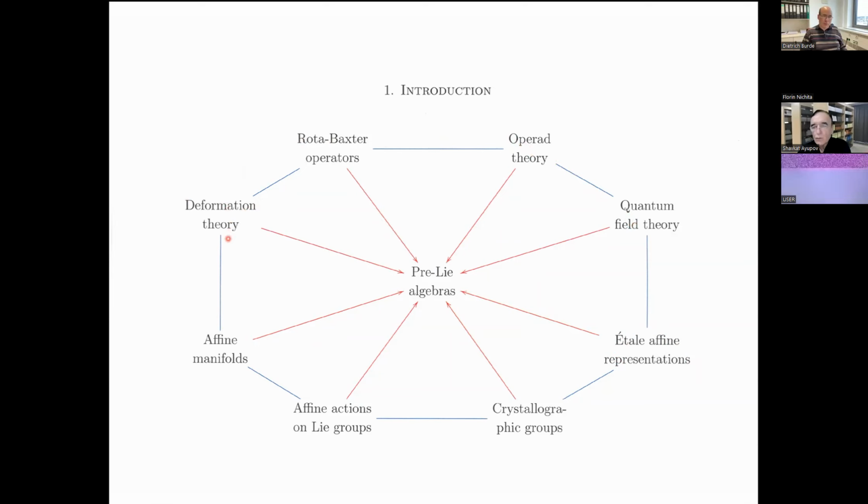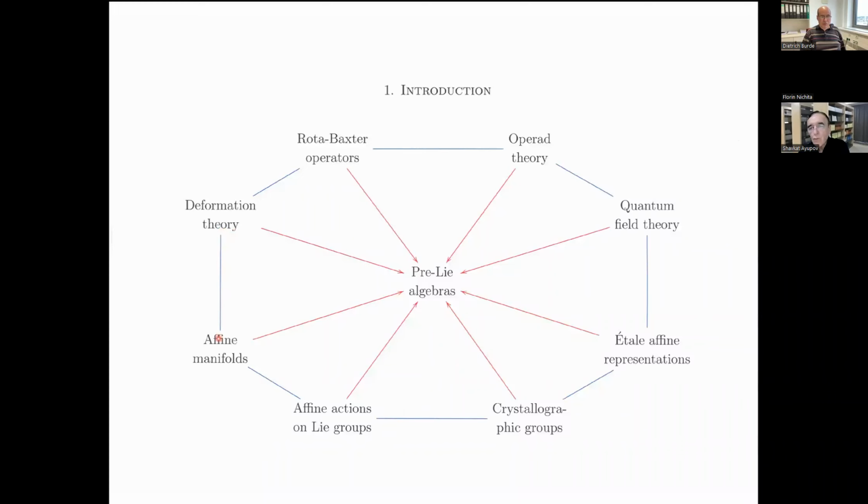For example, in deformation theory, there are some papers people probably know from this area, from Gerstenhaber, about deformations of rings and algebras. And I saw the word pre-Lie algebra the first time in the papers by Gerstenhaber, somehow mentioning this type of algebra.